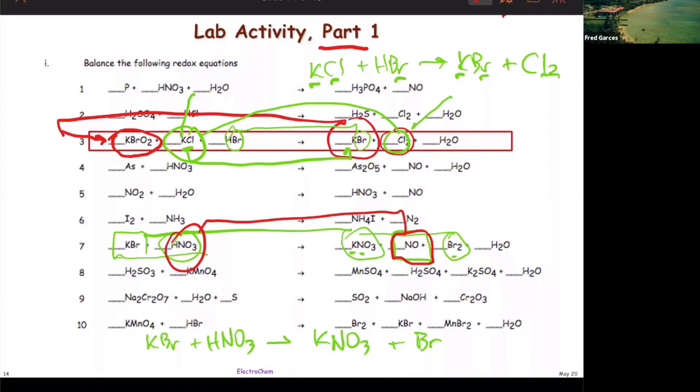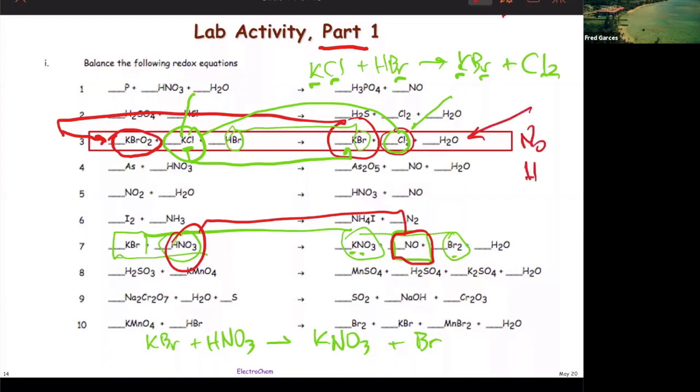Don't even worry about the H2. It'll come out. And in that particular problem, there is no H2. There's H2O, so H2 never shows up. It's H2O that shows up. In this problem right here, there is no H2.